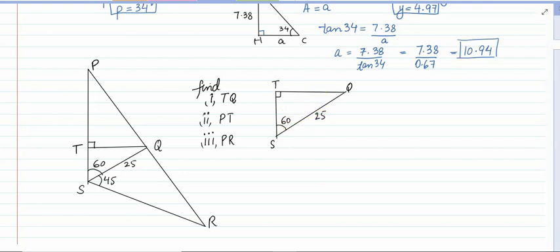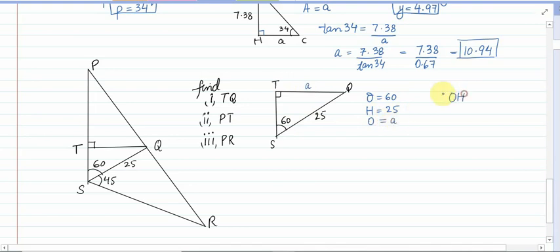Now the data: the angle we know is 60. The side opposite to 90, that is the hypotenuse, is equal to 25. And we are looking for the value of TQ, so let's call this length A. So opposite is equal to A. Opposite and hypotenuse come in sine.